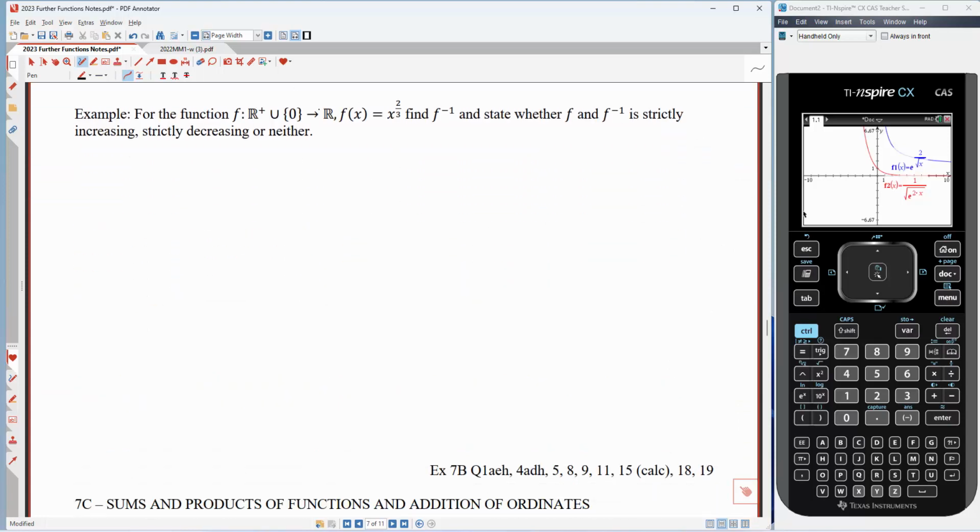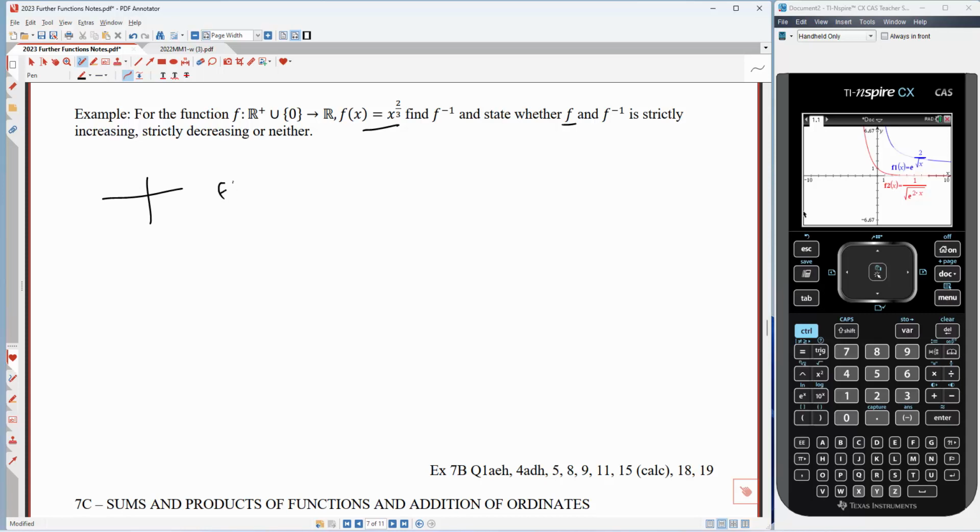Okay, for the function f of x equals x to the 2/3, let's graph this first of all and state whether f is strictly increasing, decreasing, or neither.